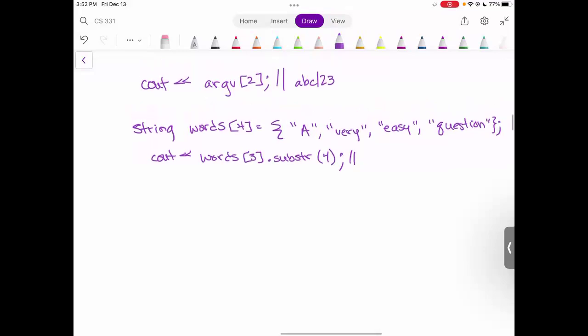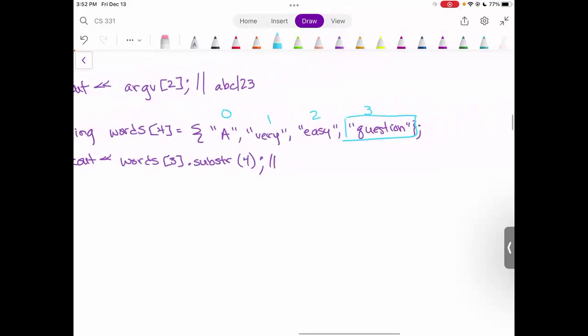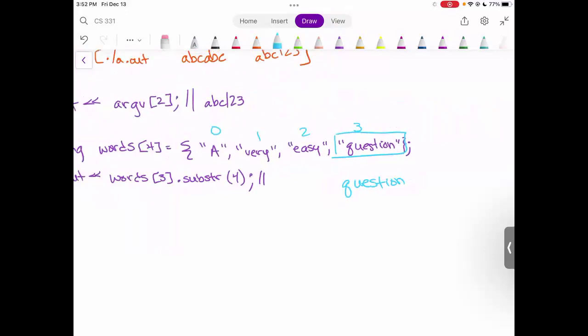So we break it down. This is going to be 0, 1, 2, 3. So this right here, question, is words sub 3. Now what we do is we break down question, because strings are essentially arrays of characters. We say 0, 1, 2, 3, 4, 5, 6, 7.